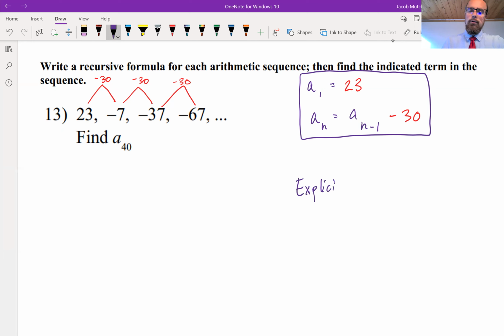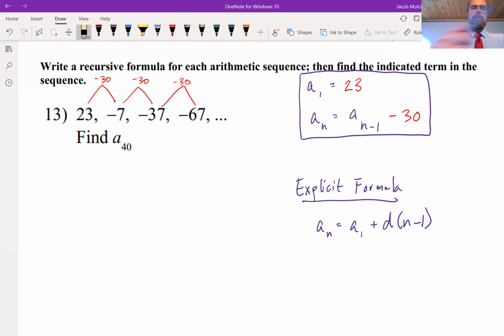Again, the explicit one has this form. It's a sub n equals a sub 1 plus d times n minus 1. And we've found these two pieces already that we need. A sub 1 is 23, and the common difference is minus 30.